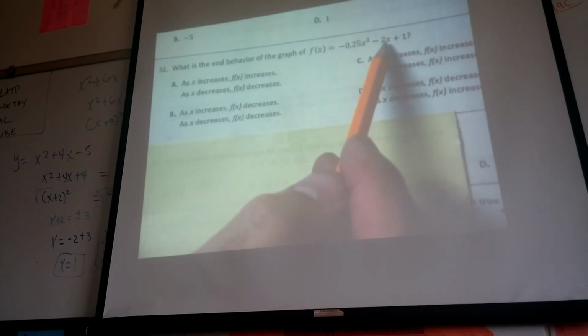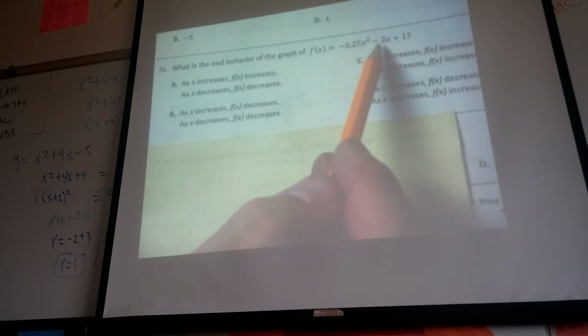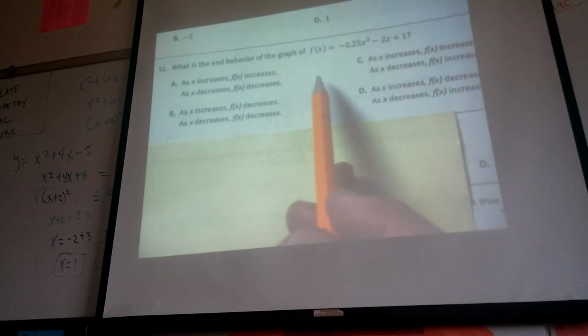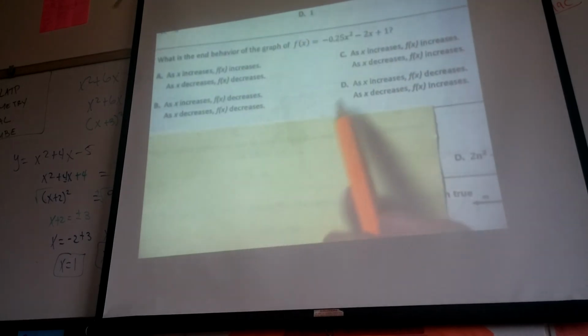But when x is a big number, this is a big negative number. If x is a negative, this would be positive, but then I'm cutting it by a quarter. So it looks to me like as x gets bigger, y goes down. Because this is going to be negative. It's going to keep going down. So I'm looking at as x increases, f of x decreases, so I'm looking at B or D.